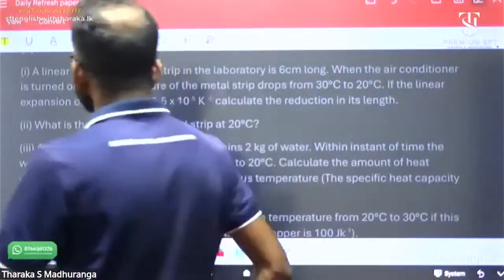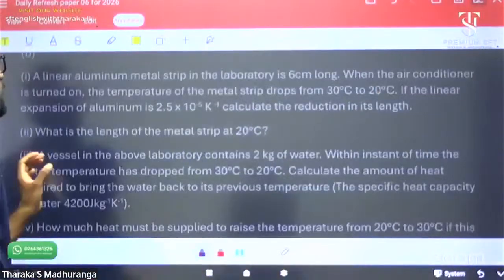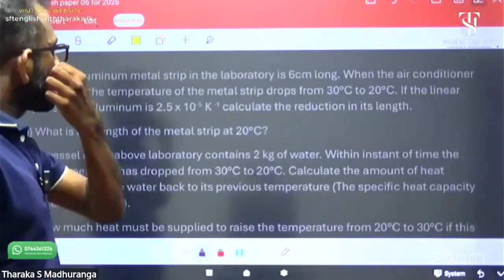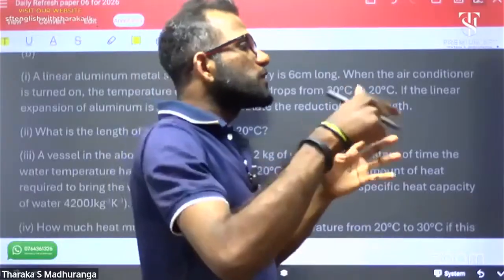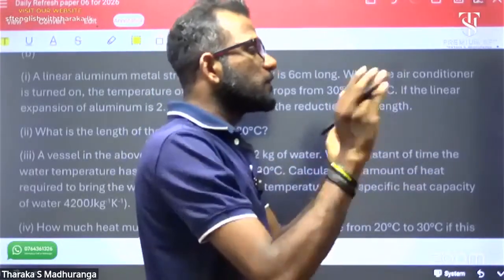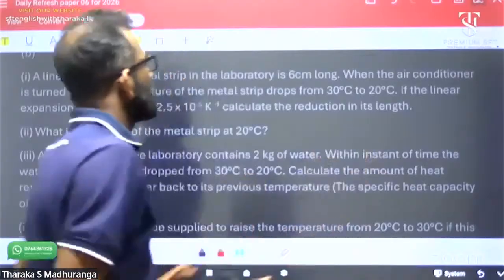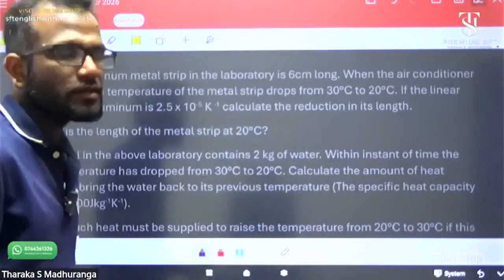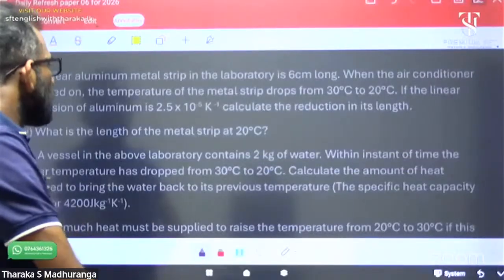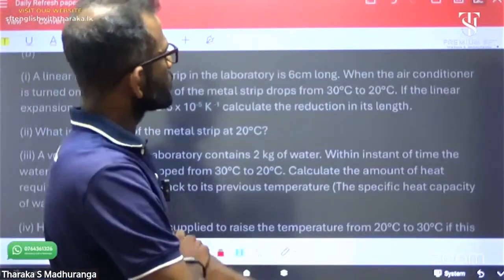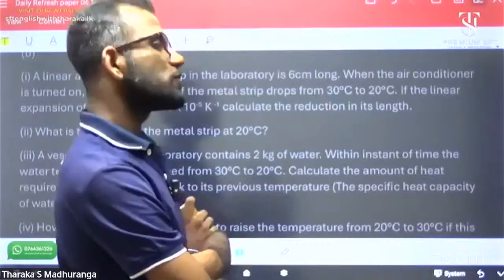Okay. Let's move into part B. A linear aluminium metal strip in the laboratory. The same question, part B. Still, we are discussing the laboratory. 6 centimeter length. When the air conditioner is turned on, the temperature of the metal strip drops from 30 Celsius to 20.